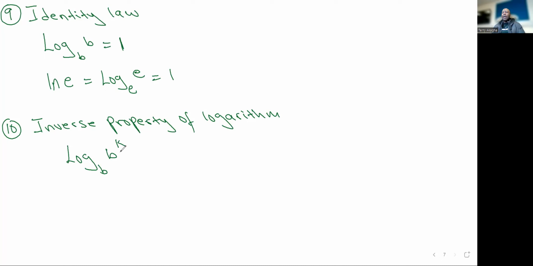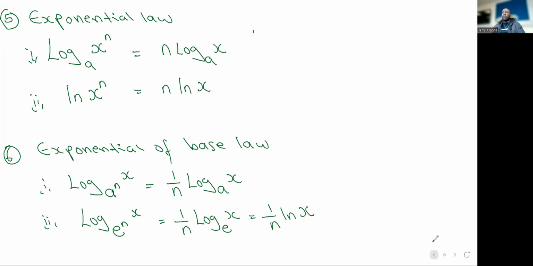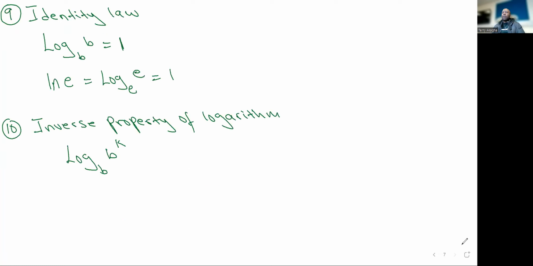So it's like a combination with the exponential law. Remember the exponential law? I told you that you're going to bring the n down. So the same thing, you're going to bring the k down.